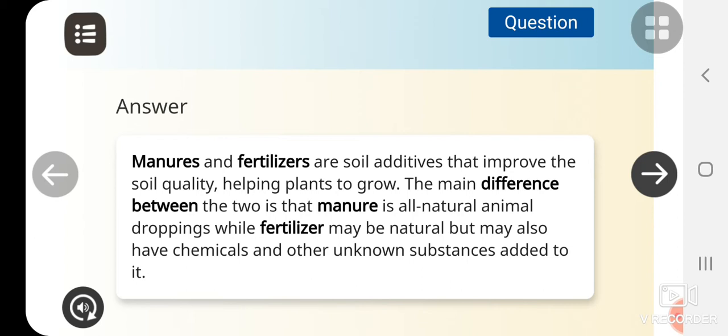And manures are naturally made, they are made from the animals and plant products and animal droppings, whereas fertilizers are made in the factories and mostly they are NPK, nitrogen, phosphorus, and potassium. So, fertilizer is having more of a chemical, whereas manure is not having so much extra chemical in it. Fine.